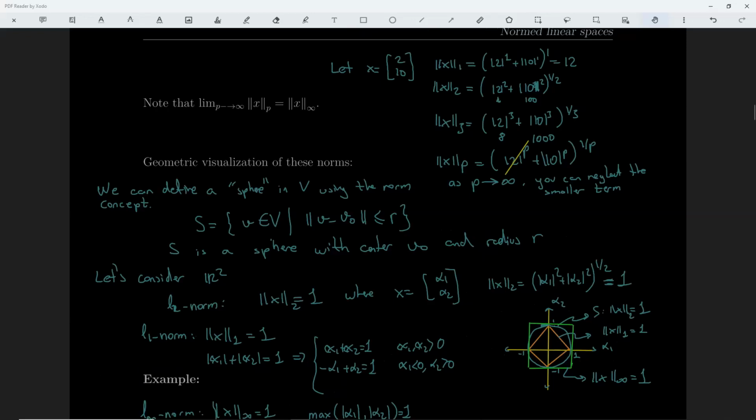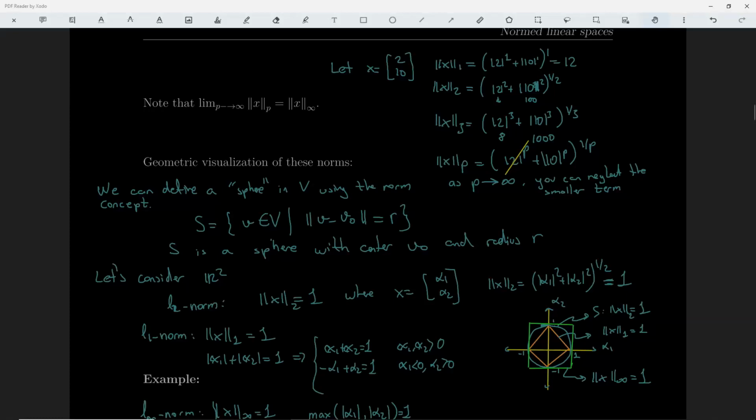By the way, we said that this is a sphere, but here there's a typo in the sense that this is a sphere when it is equal to R. So maybe I can do like this. Let's see. So when the distance of the points to a certain center is equal to a certain value, then we are talking about the surface of a ball, which is called the sphere.